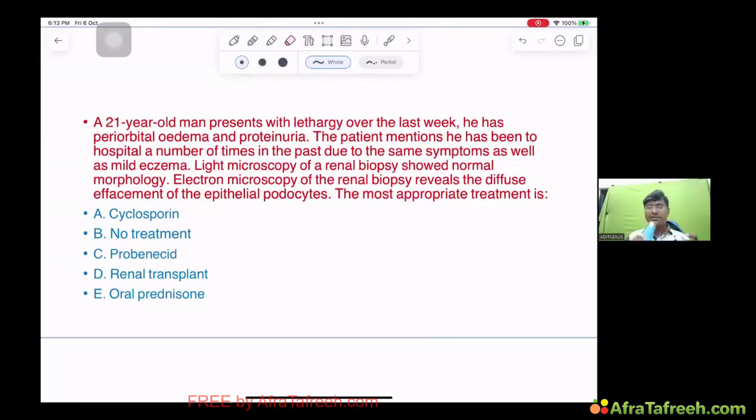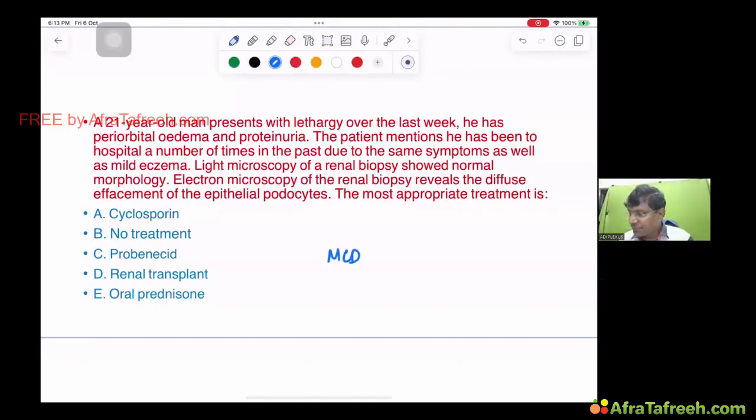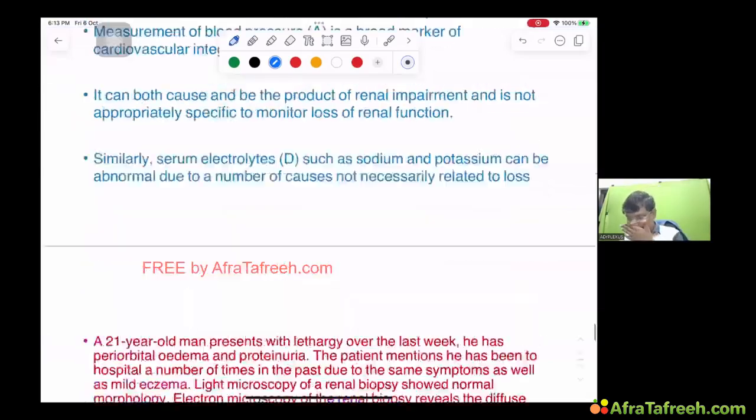Most appropriate treatment? What is the diagnosis? That is minimal change disease. So you should give oral prednisolone, right?